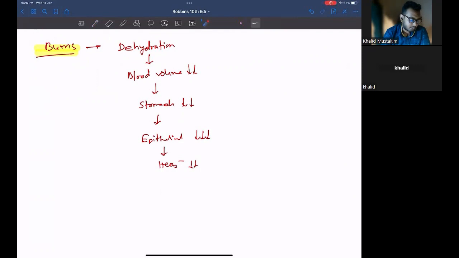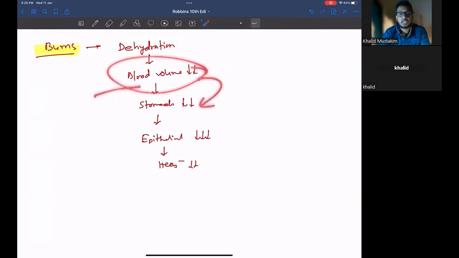So if a person has a burn, he is dehydrated. Dehydrated means his blood volume has decreased. Decreased blood volume means that the patient is not getting enough blood to the stomach. So it decreases the epithelial regenerative capacity, which ultimately decreases the bicarbonate ion as well.